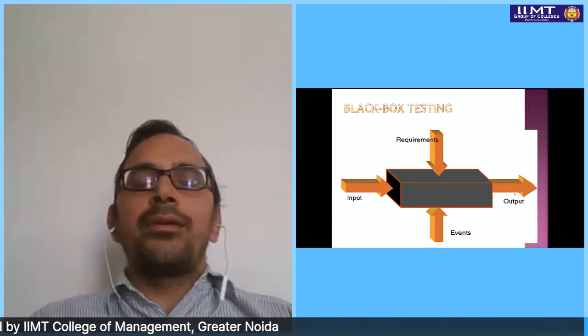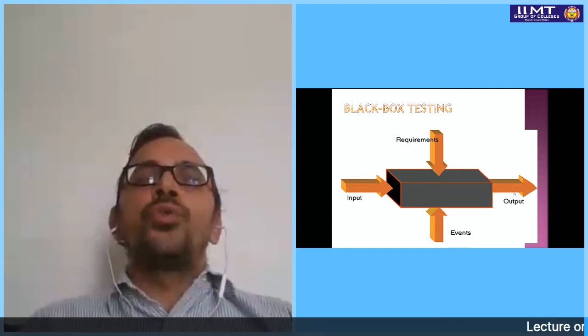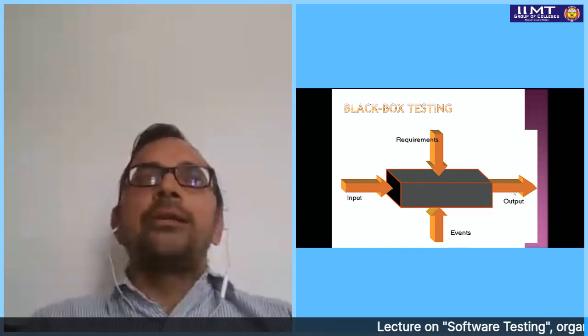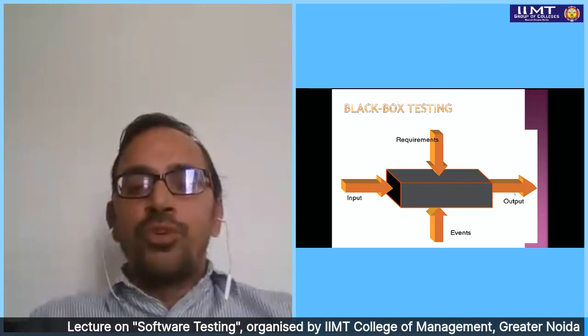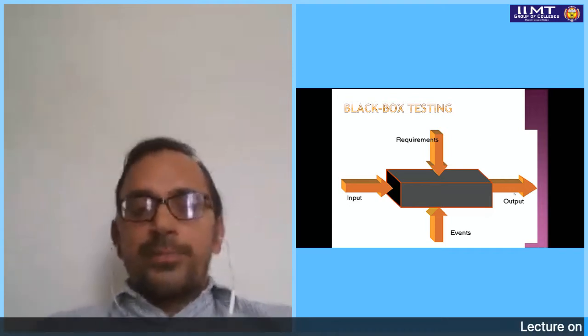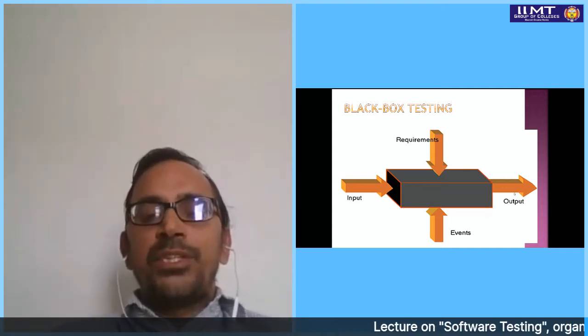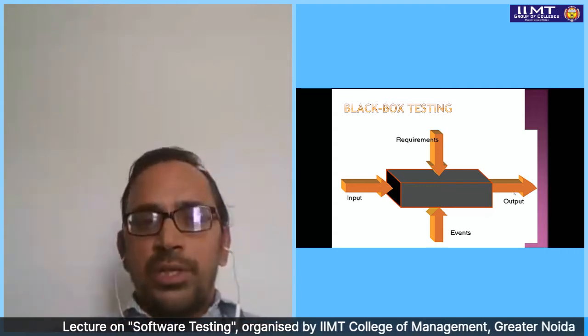If we leave the user ID blank, it does not go to the password. Without filling in the username, we cannot move to the password field. The initial information we can store and cross-check, and then move to the final output. This is called black box testing.